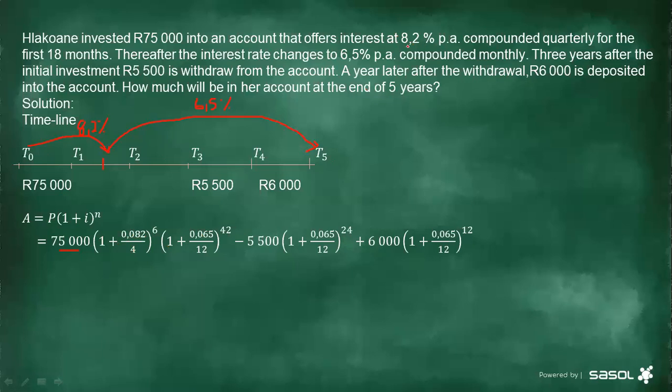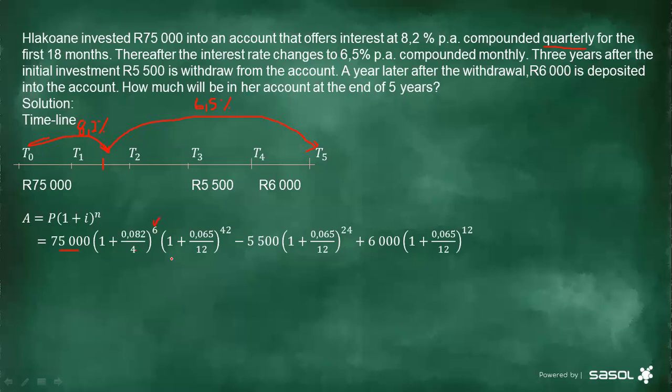Why 4? Because this 8.2% was compounded quarterly, and quarterly is 4. And then 6, how did we obtain 6? From T0 to 1.5, we say 1.5 times 4, it gives us 6.